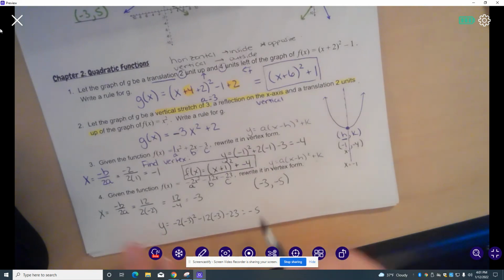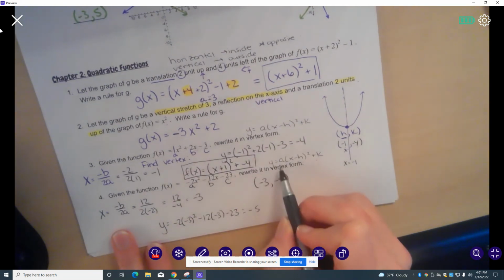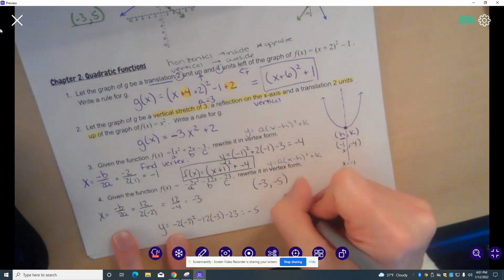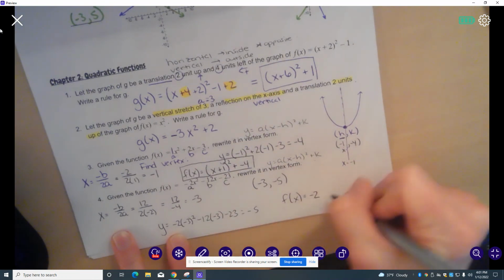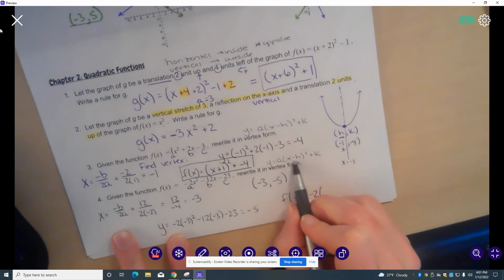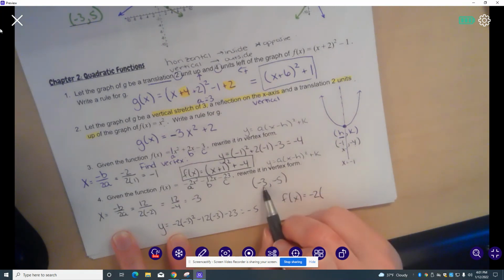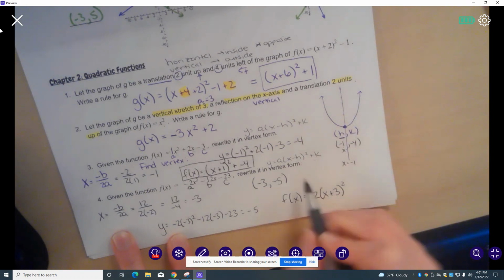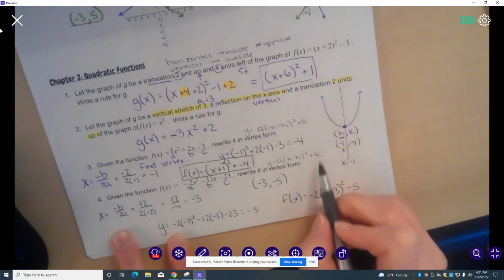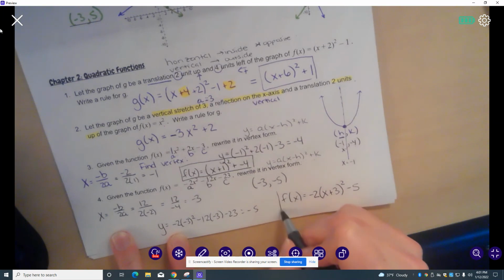So I'm ready now to use my vertex and my a value to write this in vertex form. Okay, so a, remember, was -2. That doesn't change. On the inside, my x value was -3, so I'm going to have x plus 3 inside, and then -5 because the y value of my vertex was -5.